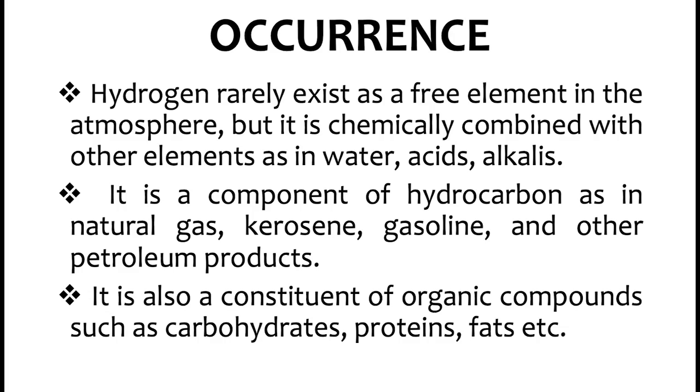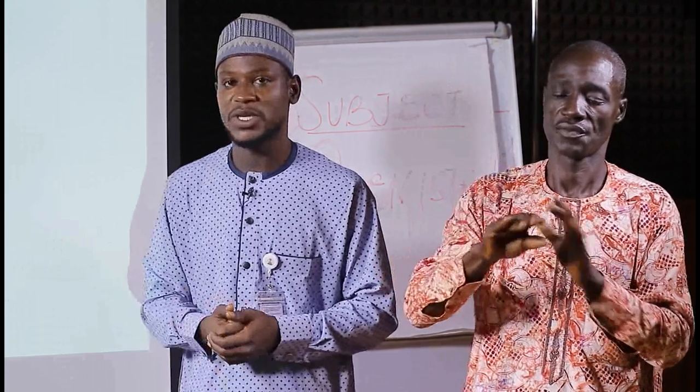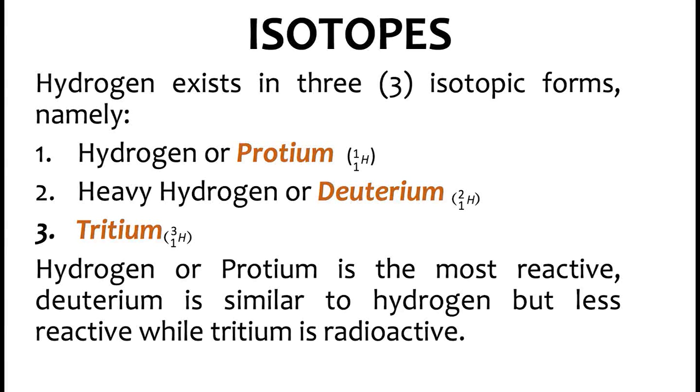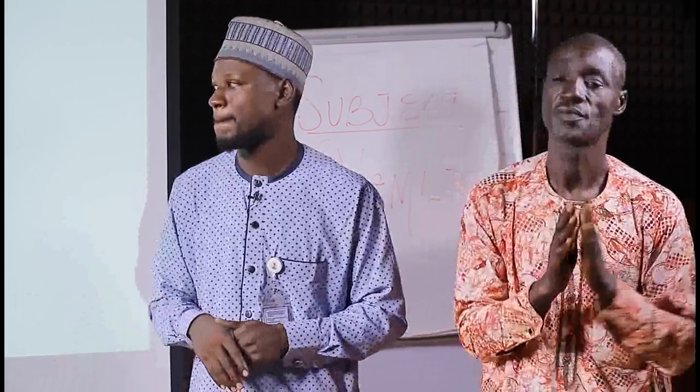Under isotopes, we discussed that hydrogen has three major isotopes, which are protium, deuterium, and tritium, with mass numbers 1, 2, 3 respectively.